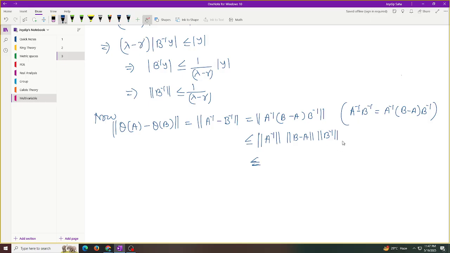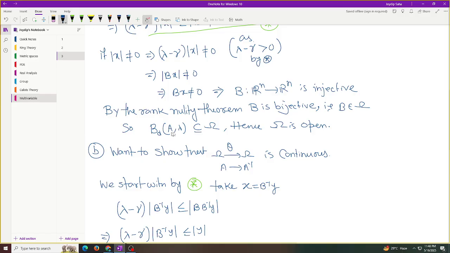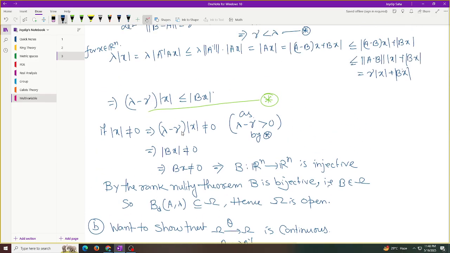Lesser equals to, what is B inverse? 1 by lambda minus gamma. Okay, B minus A is less than lambda.